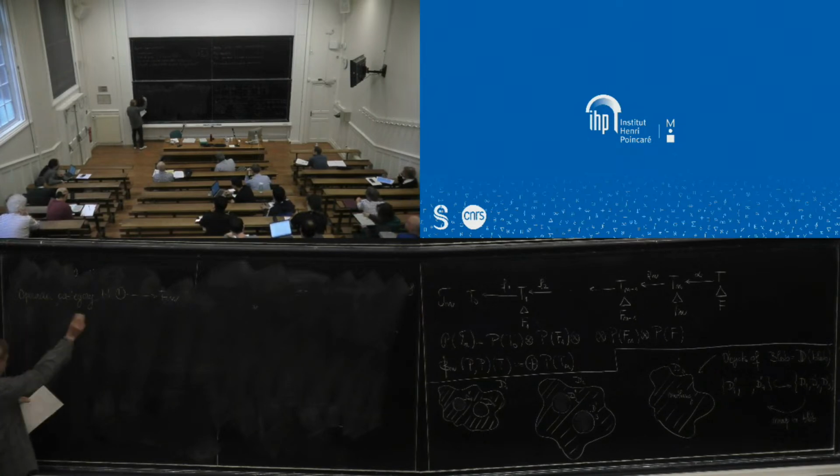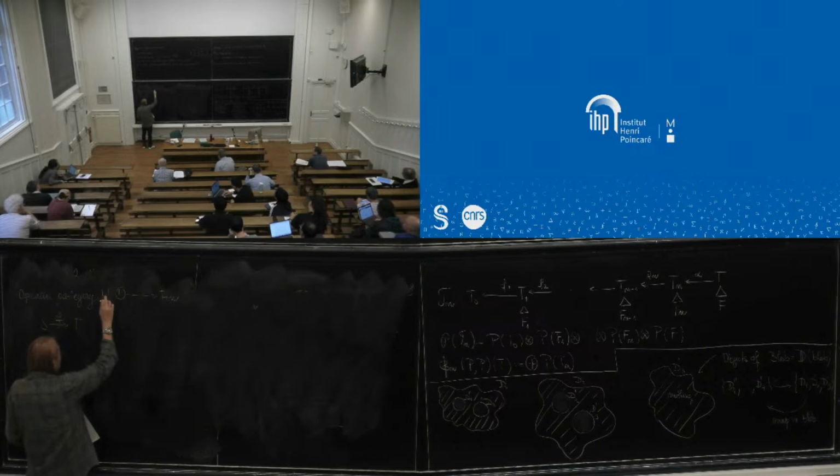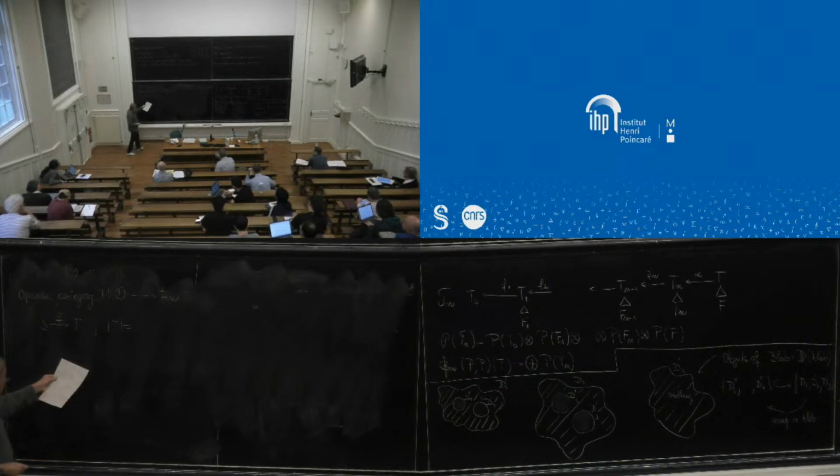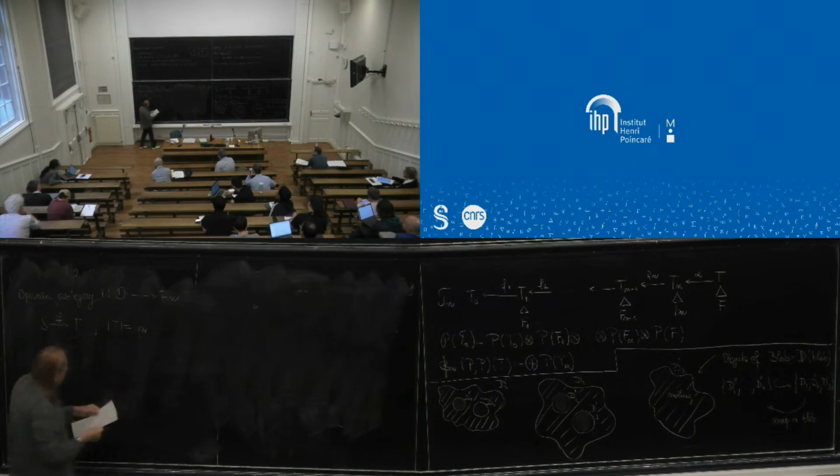So this is one piece of data, this is a functor, and then another piece of data is the following. Whenever I am given a morphism f in this category, S to T, such that the value of this functor on the target is n, so we call it cardinality.